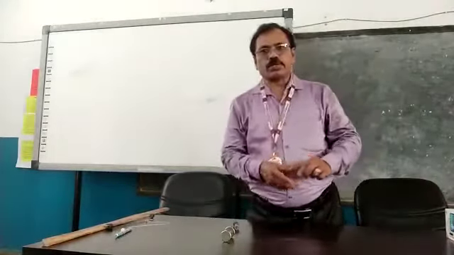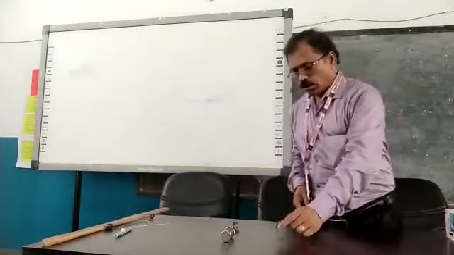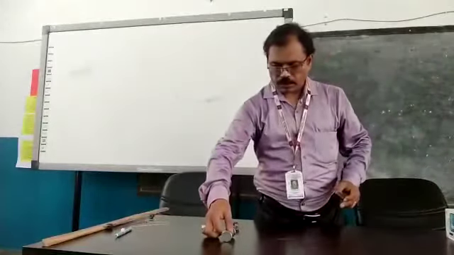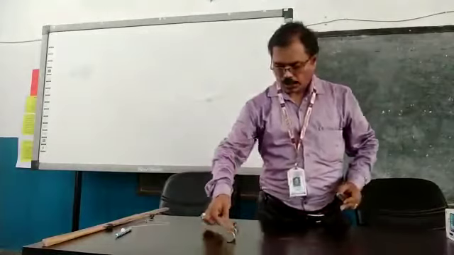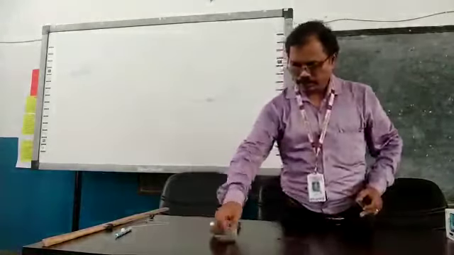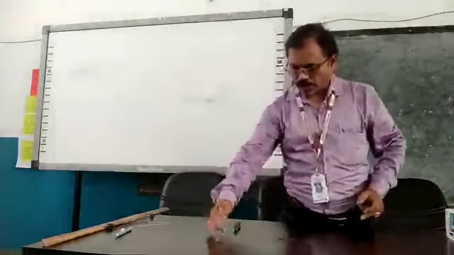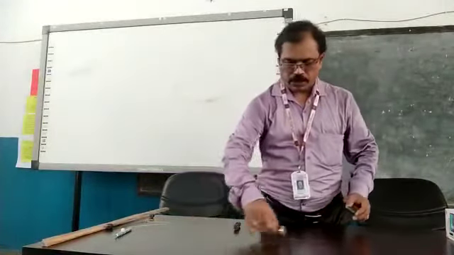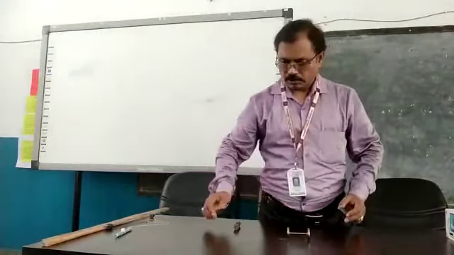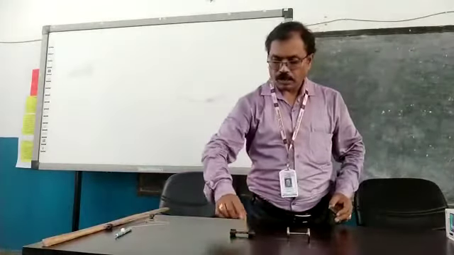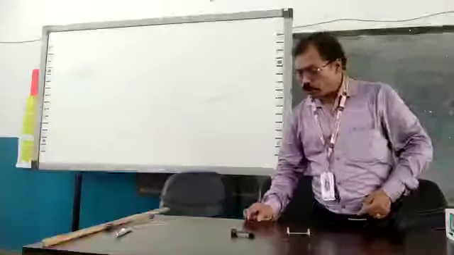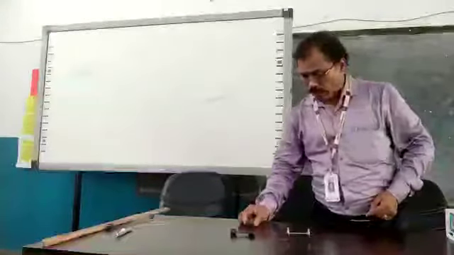Now you are observing these two types of wheels. One is smaller, let us see here. The other one is bigger. Now I am applying the force on this one. Let's see what happens.